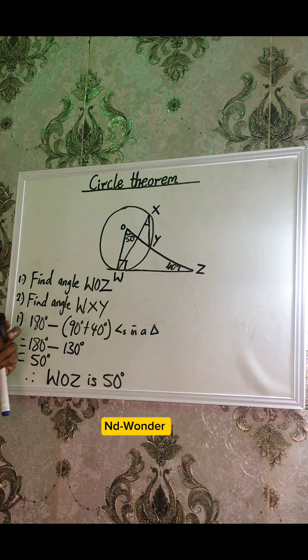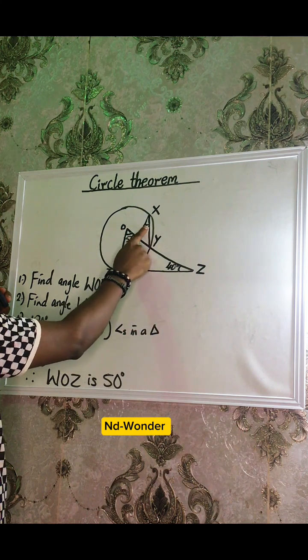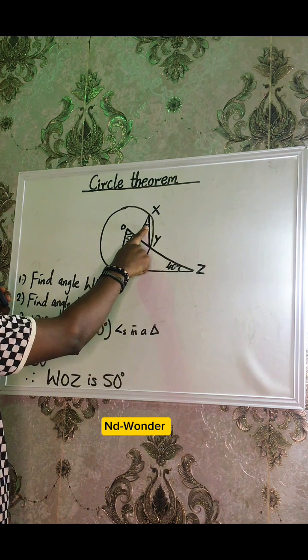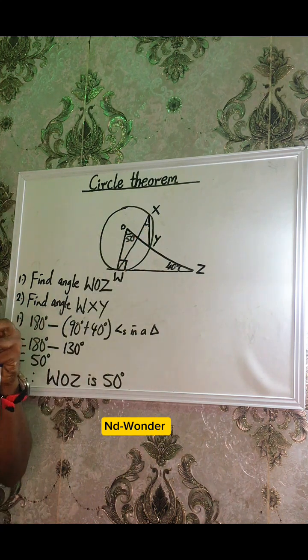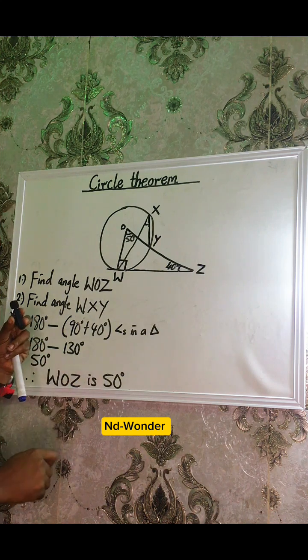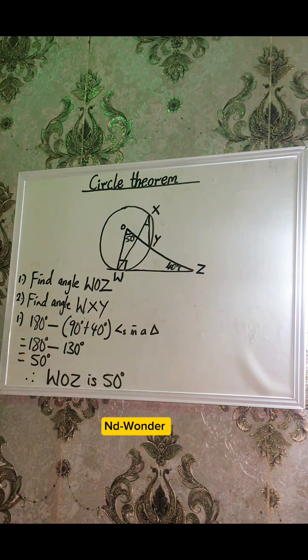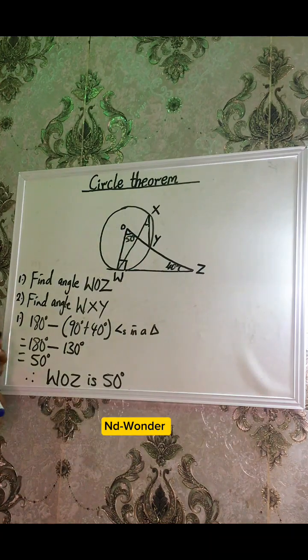Now, we need to recall that this is the center of the circle. And this is the angle at the circumference. So, they are subtended by the same arc. They are subtended by the same chord as well. Therefore, we need to recall that the angle at the center is twice the angle at the circumference.